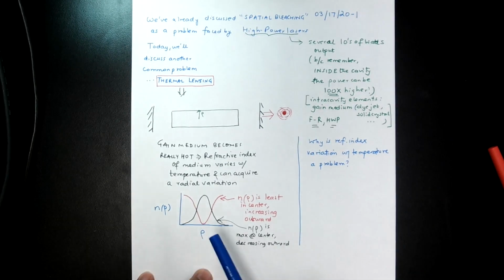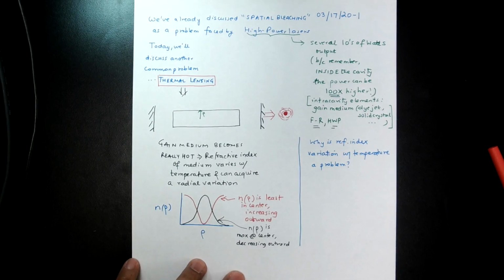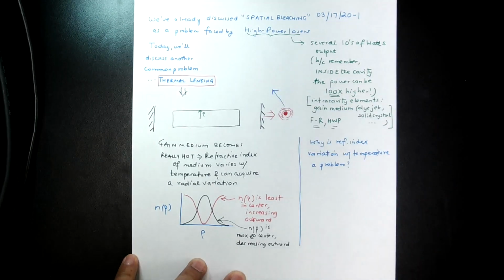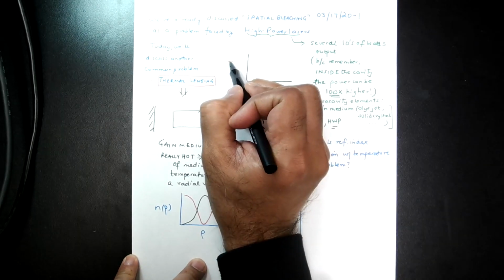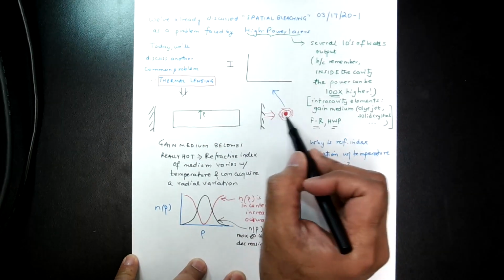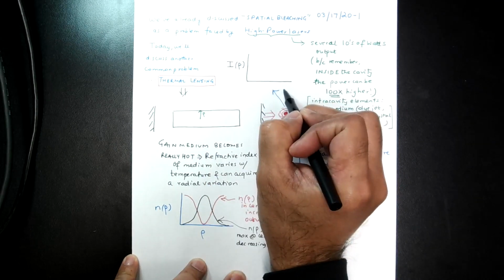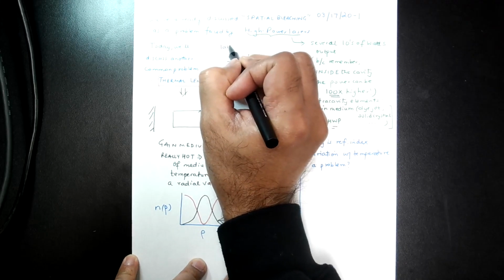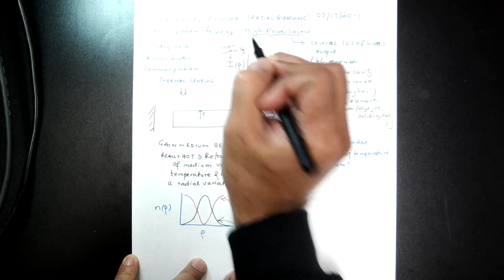And by the way, why is the refractive index exhibiting this variation? Well, because of the intensity of the laser. I should probably plot that too. It's a Gaussian beam, right? So this is the laser intensity as a function of rho.